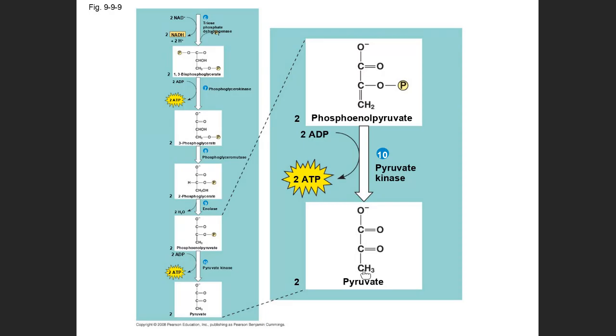Electrons. To where? Electron transport chain. Right, the electron transport chain in order to make what? What's the cell trying to make?